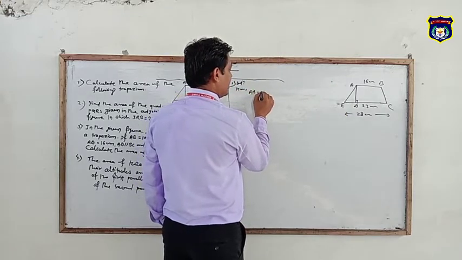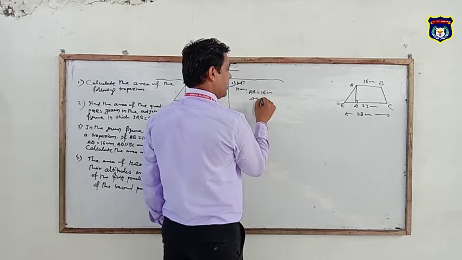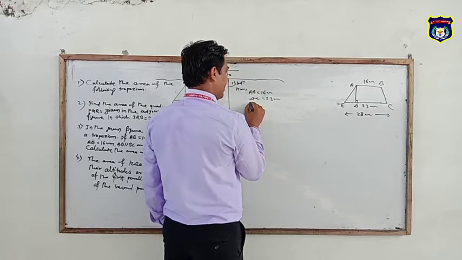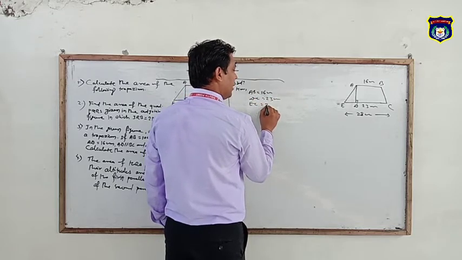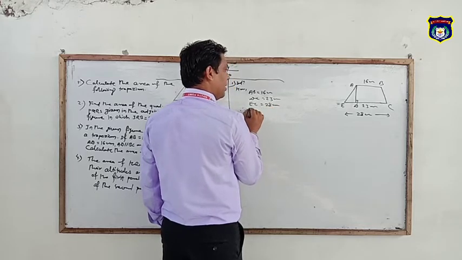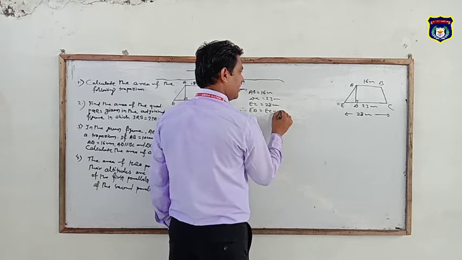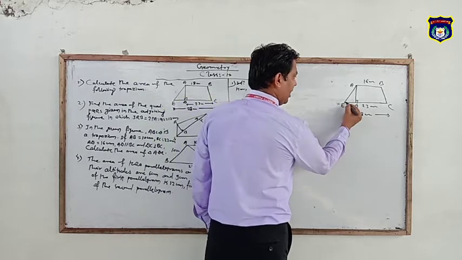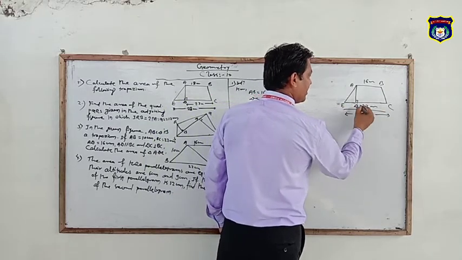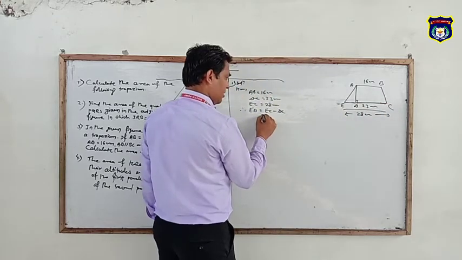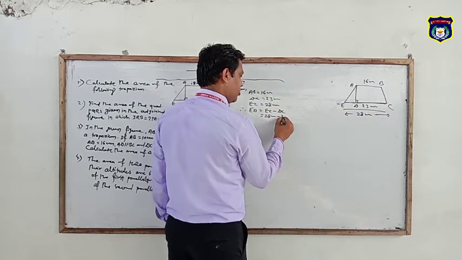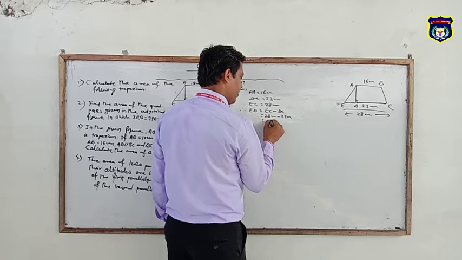AD equal to 16 centimeter, BC equal to 23 centimeter, EC equal to 28 centimeter. Therefore, ED equal to EC minus DC. 28 cm minus 23 cm is equal to 5.